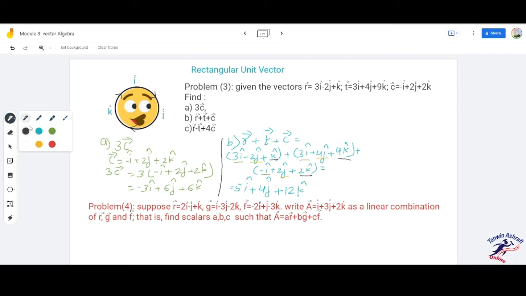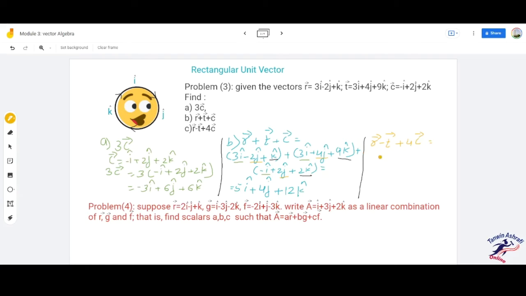Now the third one which we had is R vector minus T vector plus 4 times C vector.